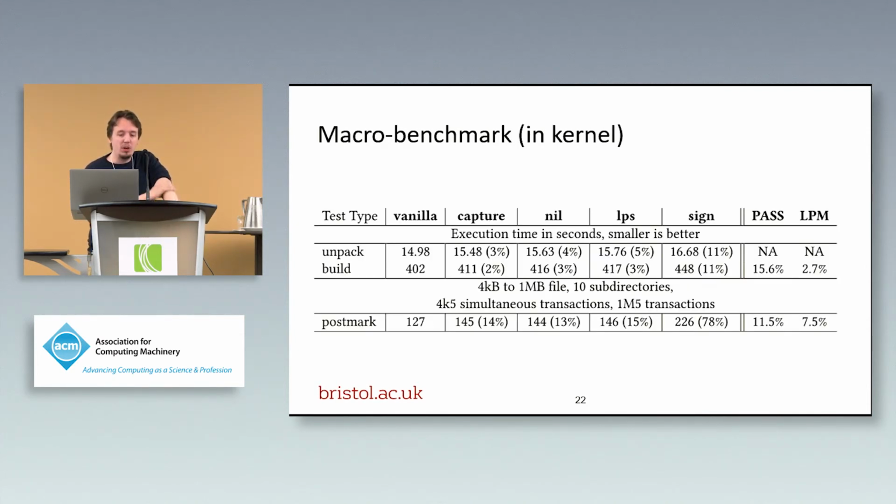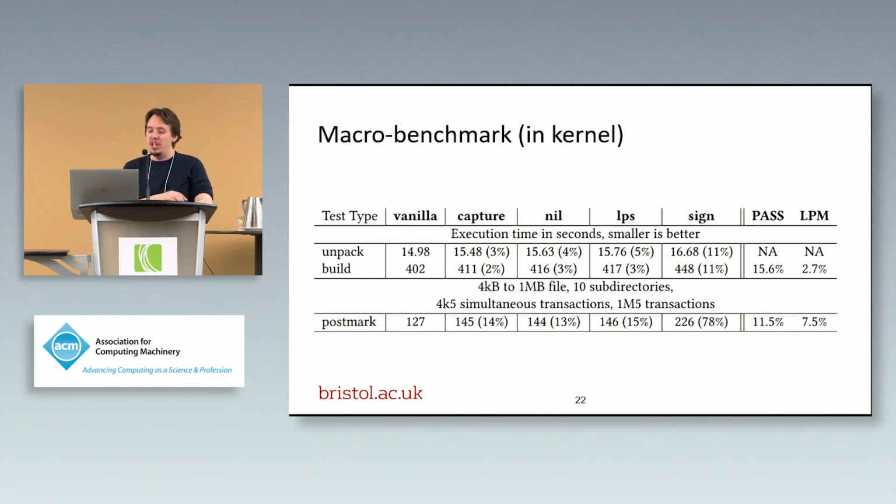So we ran a macro benchmark similar to that presented in the provenance literature. On the capture front, we have similar overhead as other systems. The framework itself adds minimal overhead. The query obviously adds more overhead, which is a function again of the query complexity.